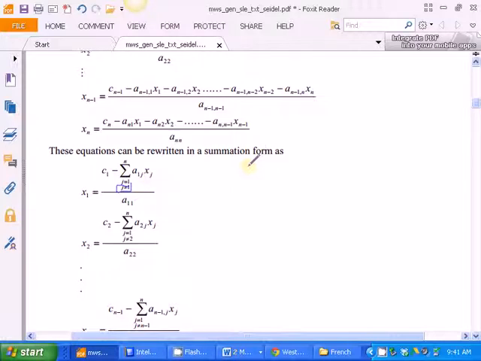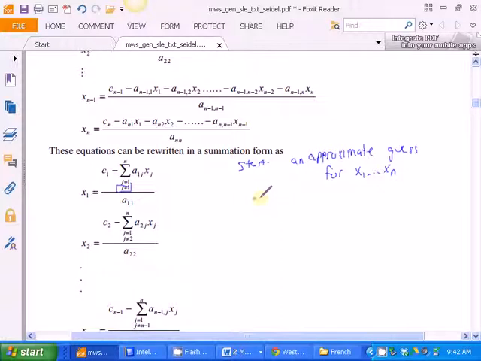So I'm going to start with an approximate guess for the x's. And then I'm going to cycle through these equations.